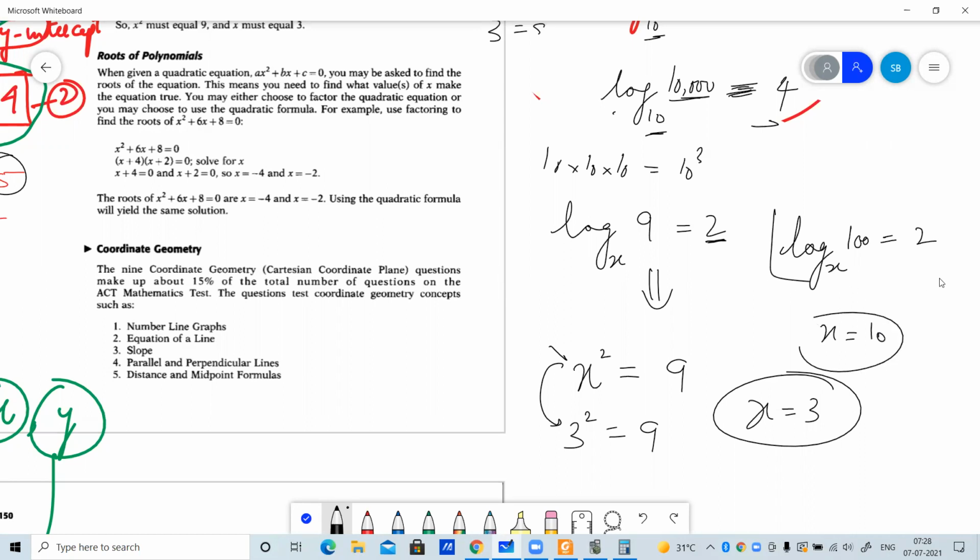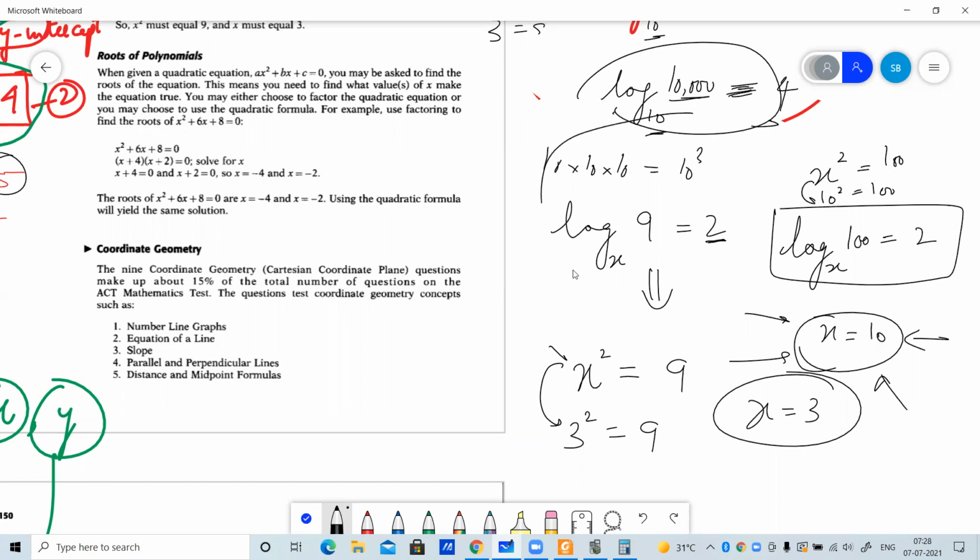Or else you can write it as x squared is equal to 100, or 10 squared is equal to 100, so x is 10. As you told me, x is 10. So this is log and nothing else. You can always convert log into exponents and exponents into log.